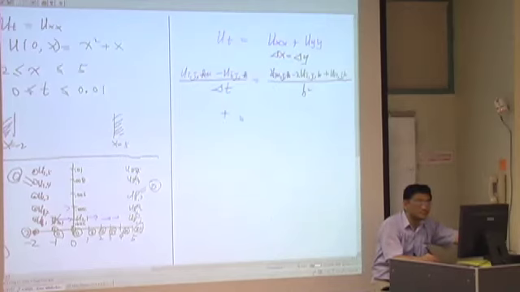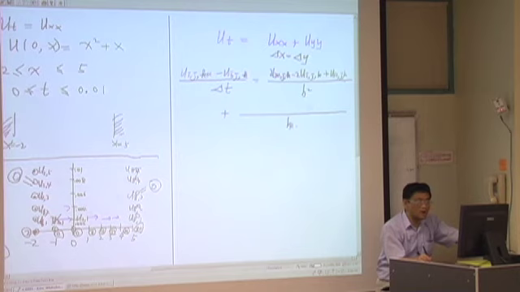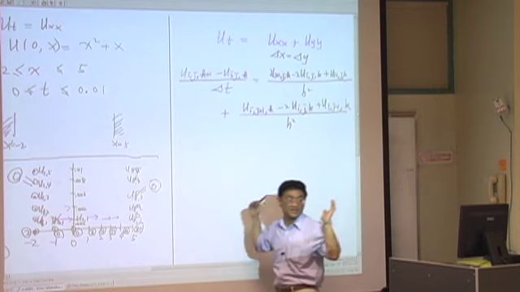Plus 1 over h squared (u_ij plus 1 k minus 2 u_ijk plus u_ij minus 1 k). So essentially the same thing, right?